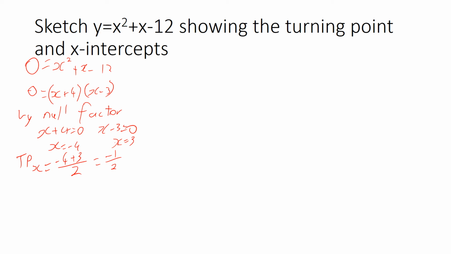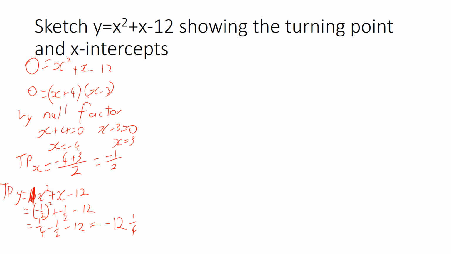So our original equation was y is equal to x squared plus x minus 12, which when we substitute this in, we'll get -1/2 squared plus -1/2 minus 12, which will be 1/4 minus 1/2 minus 12, which when we evaluate that will give us -12 and 1/4. So that's our y coordinate of our turning point.